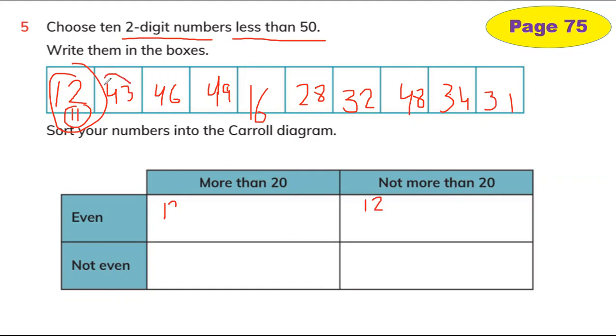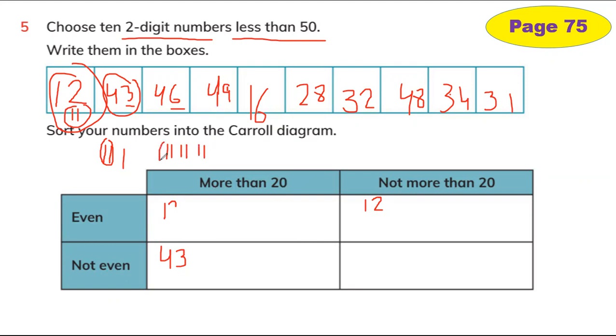Look at the 43. Is 43 even or odd? Because 3 cannot make a group of 2, like this, this number is alone. This line is alone. So I'm going to put not even. But this number is bigger than 20. So I'm going to write here 43. Alright. And look at the 46. 6 is even or odd? The 6 can make a group of 2.